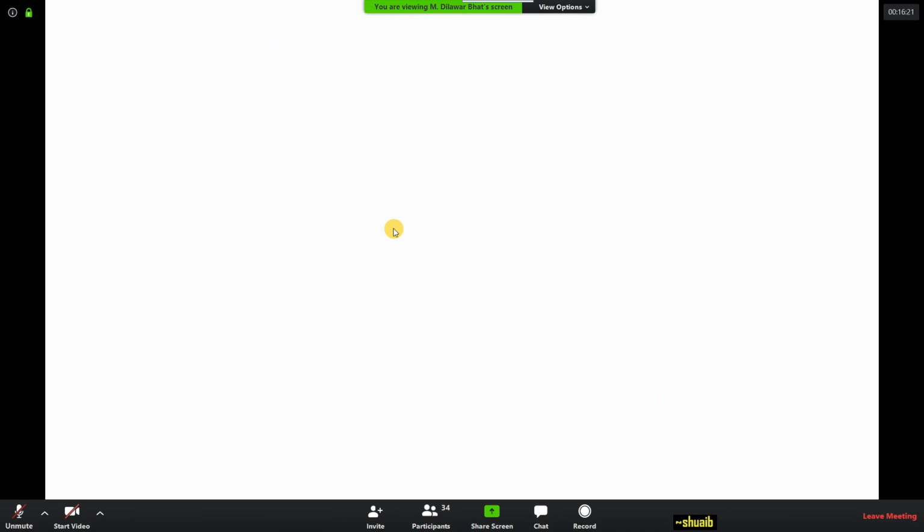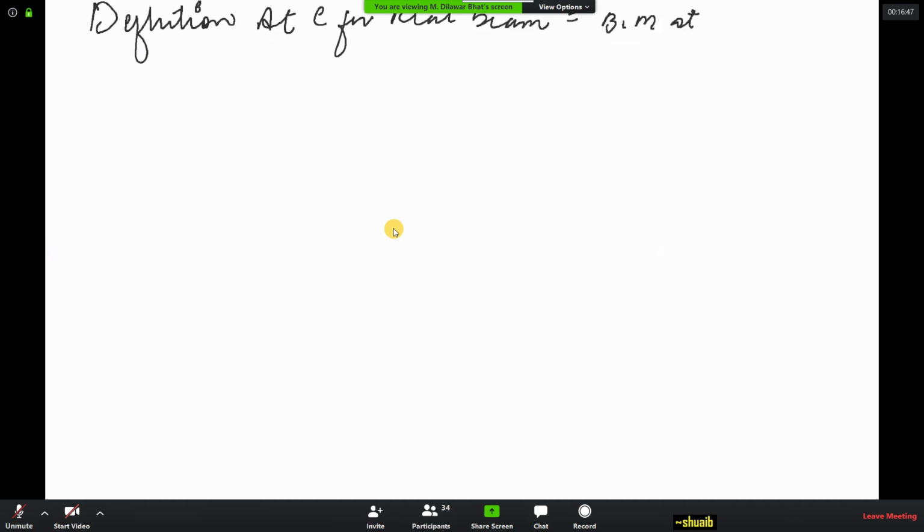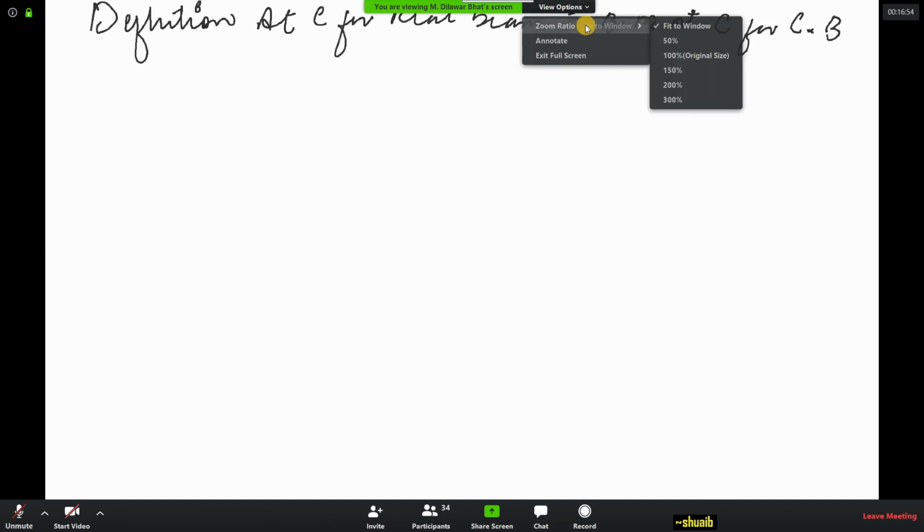Now comes deflection. As you already know, deflection will be maximum at the center point, at midspan. That means deflection at C for the real beam will be equal to the bending moment at C for the conjugate beam, CB.